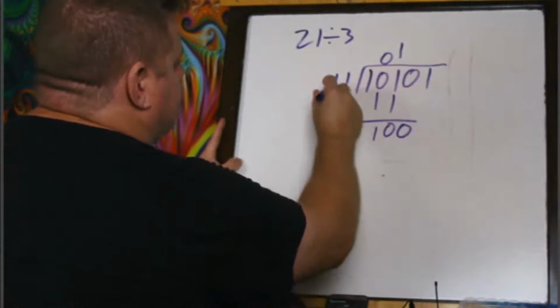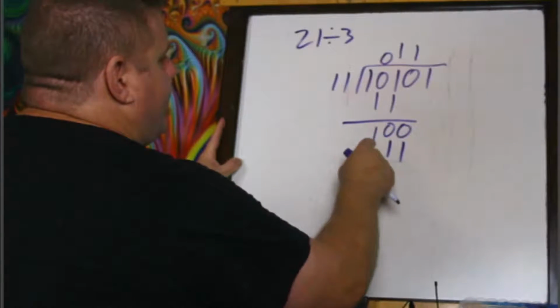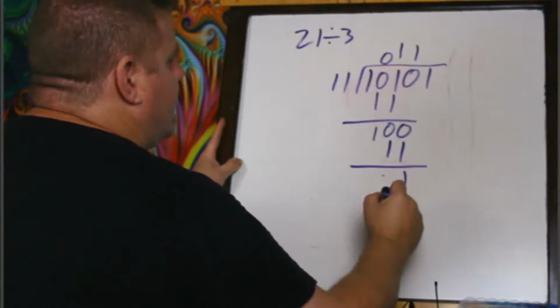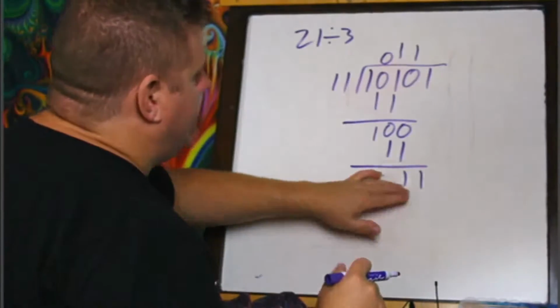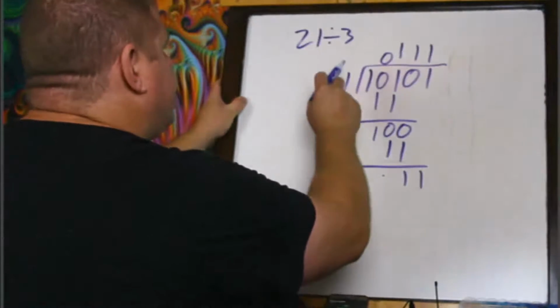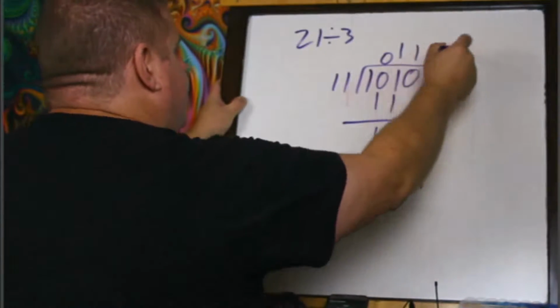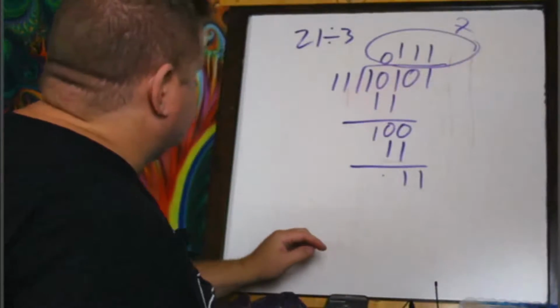How many times does 1, 1 go into 1, 0, 0? It goes once. So now we have 4 minus 3, which gives us 1. Bring down this other one. How many times does 1, 1 go into 1, 1? It goes 1 time. So how many times does 3 go into 21? It goes 7 times. Okay?